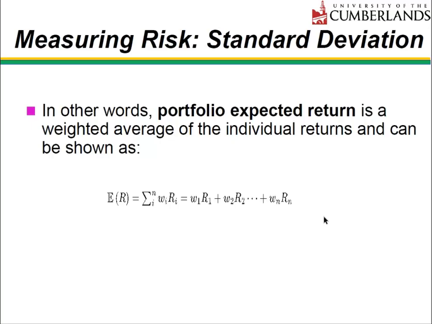This is mathematically straightforward, but conceptually important. Unlike risk, which can be reduced through diversification, expected return is simply the weighted average of component returns. You can't create higher expected returns through diversification alone. You can only achieve the weighted average of what you put into the portfolio.